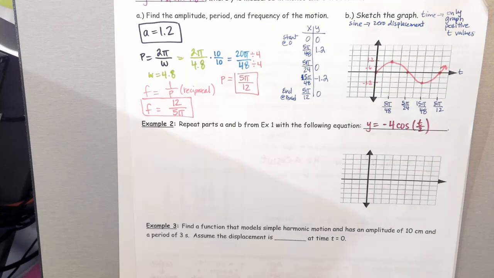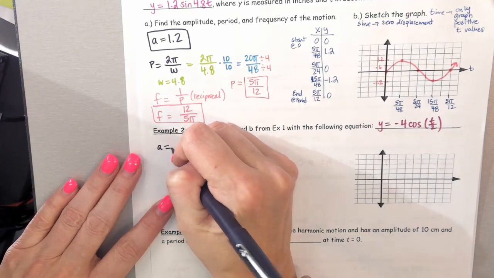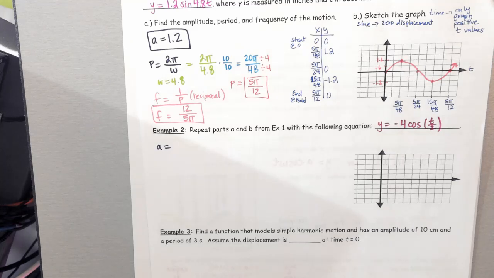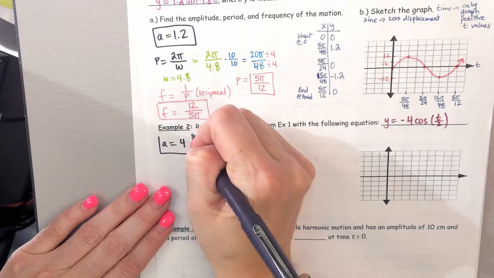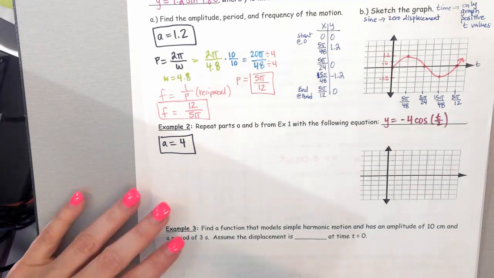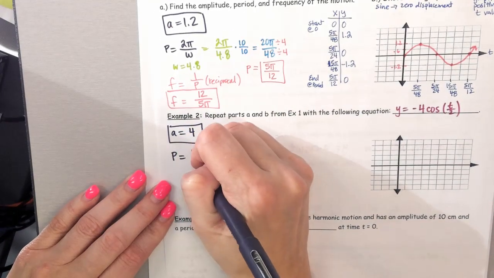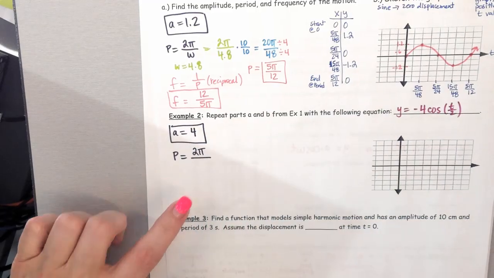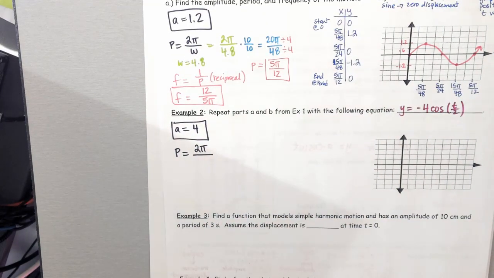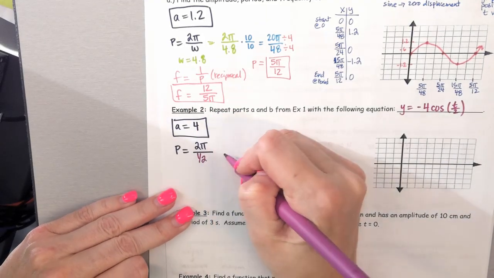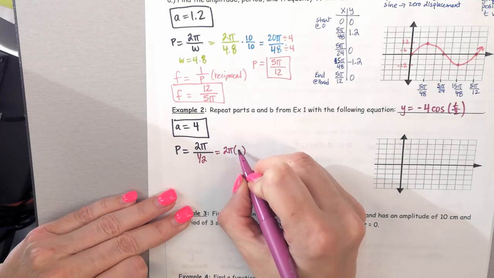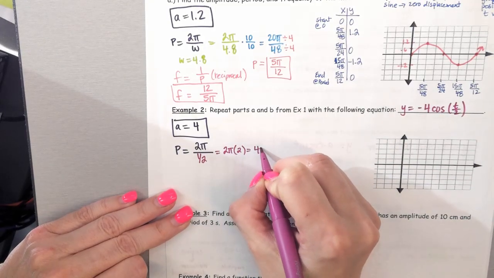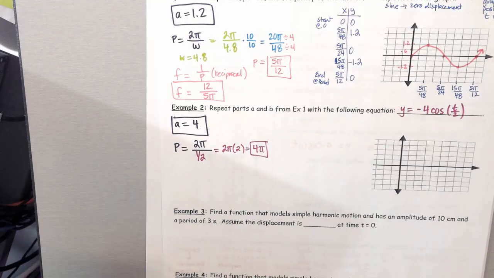Okay, so your amplitude, Logan, what's our amplitude going to be for this one? 4, good. So even though it starts with a negative, our amplitude is still positive. Okay, and then Ali, what's my omega going to be for this? What am I going to plug in here? 1/2. So when you do 2 pi divided by 1/2, it's really just like you're doing 2 pi times what? 2, so you're going to get 4 pi as your period.